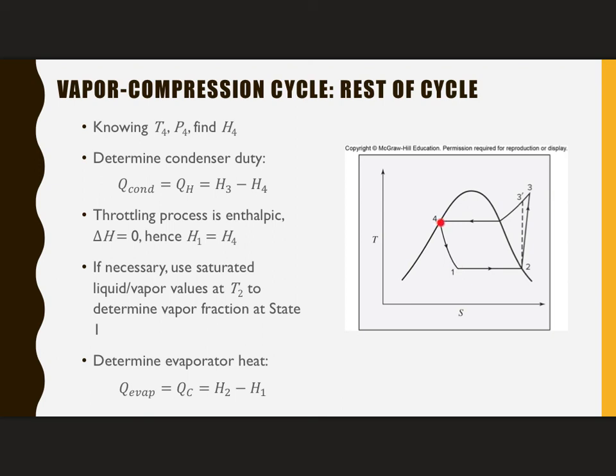So once you get H4, that also tells you H1, and we know it's in the saturated liquid-vapor region at the pressure of state 2. Therefore we will be able to determine the quality of the mixture at state 1 and find the enthalpy there. Once we find H1, then we can figure out the Q for the evaporator, which is our Q at the cold temperature.